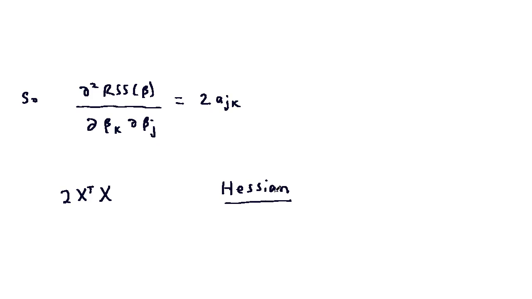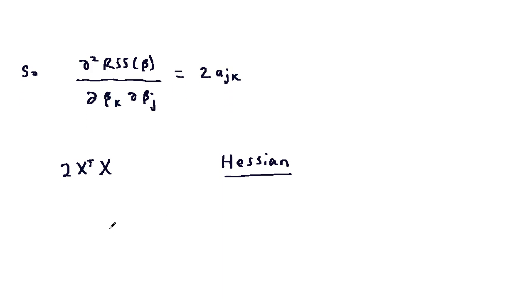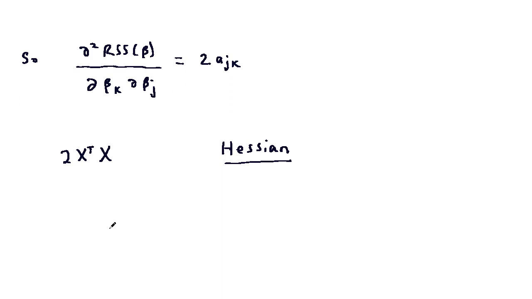It's the matrix of second derivatives. Now by the second derivative test, if the Hessian of RSS of beta at a critical point is positive definite, then RSS of beta has a local minimum there.